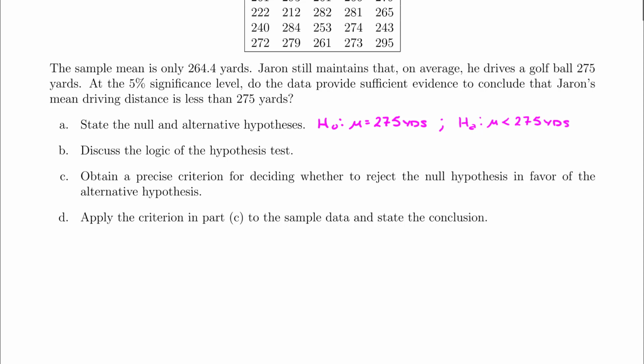Now, the logic of this test is just simply that if the null hypothesis is true, then the mean distance of the sample of Jaron's drives should be approximately equal to 275. Now, yesterday we did talk about approximately equal. There will be a tolerance that we would be willing to accept. The mean could be 269 yards, and maybe that's within that tolerance.